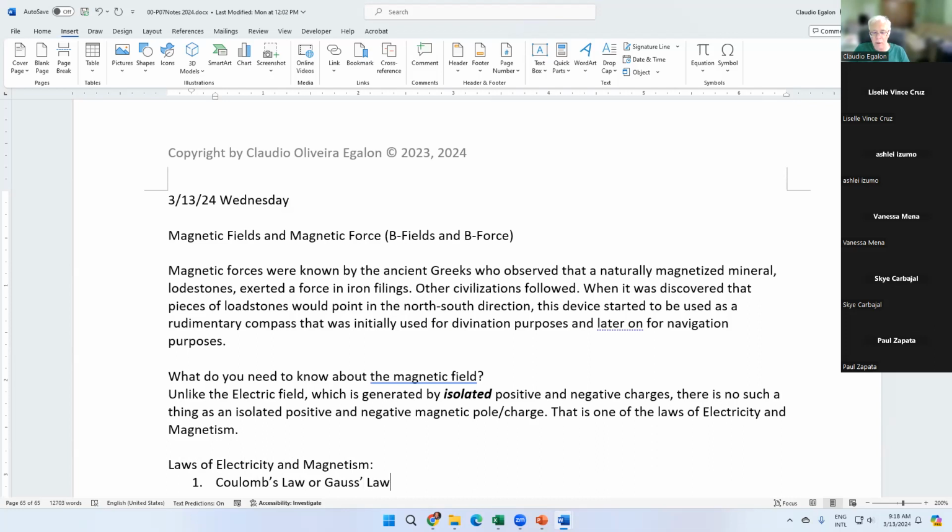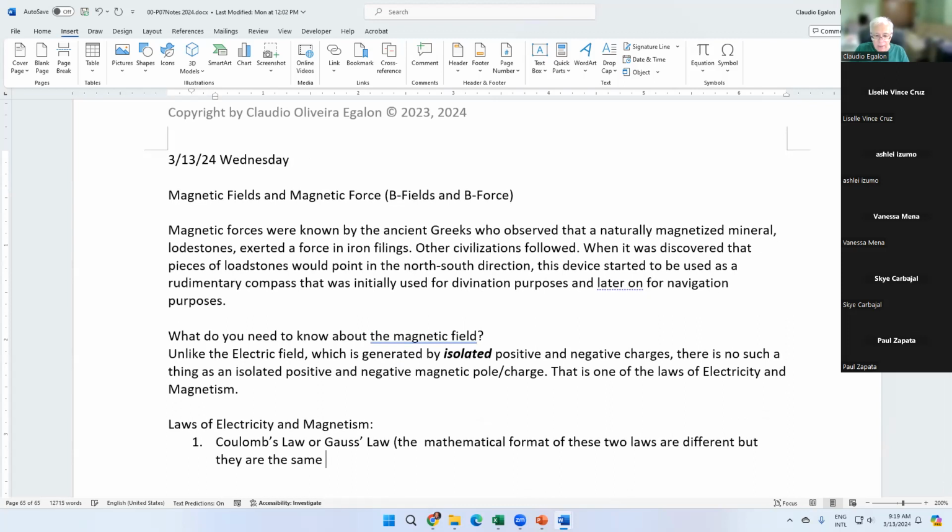Although the mathematical format of these two laws is different, they express exactly the same thing. They are exactly the same law.